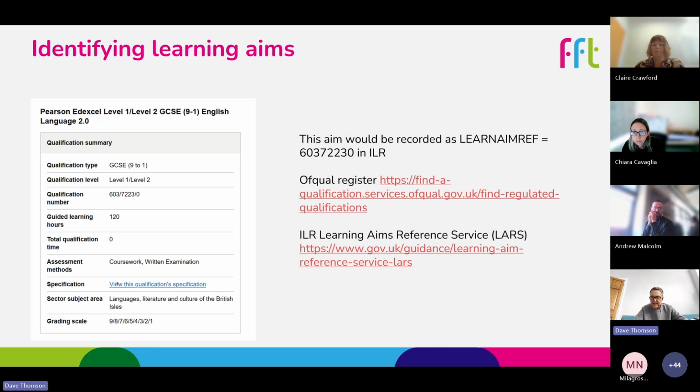The LARS data, the reference data within ILR, mirrors the data in the Ofqual register. So you can use that as a kind of lookup to work out what the qualifications are.